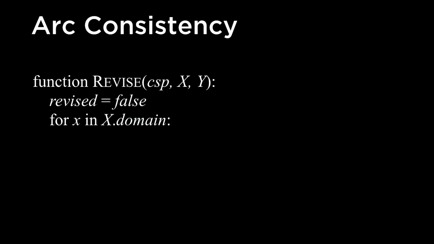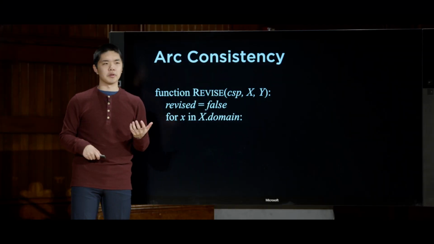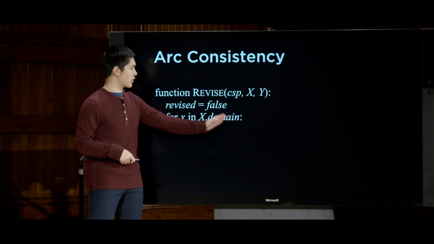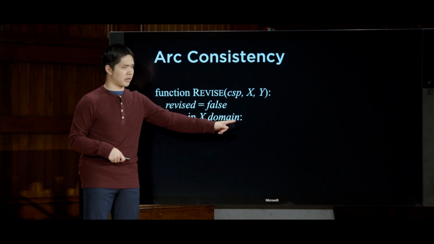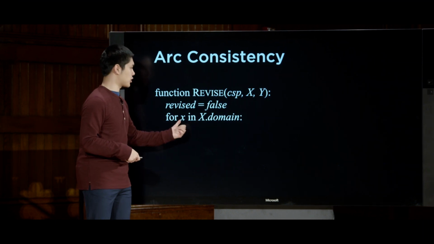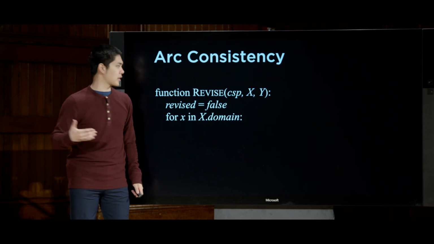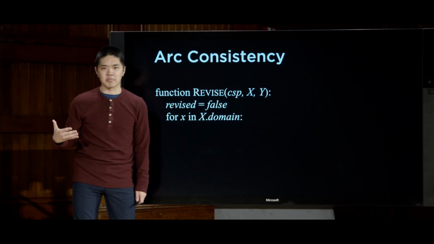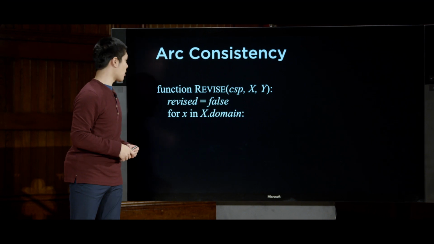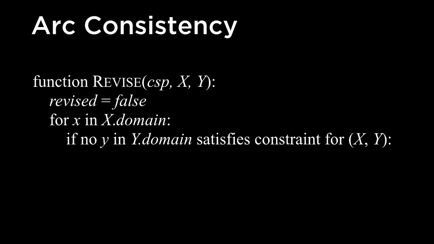Then we'll say, all right, let's go ahead and loop over all of the possible values in x's domain. So loop over x's domain for each little x in x's domain. I want to make sure that for each of those choices, I have some available choice in y that satisfies the binary constraints that are defined inside of my CSP, inside of my constraint satisfaction problem. So if ever it's the case that there is no value y in y's domain that satisfies the constraint for x and y, well, if that's the case, that means that this value x shouldn't be in x's domain.